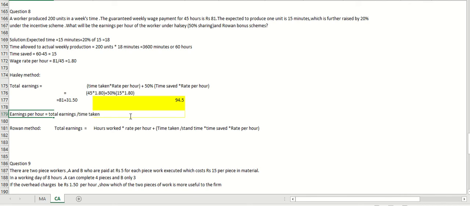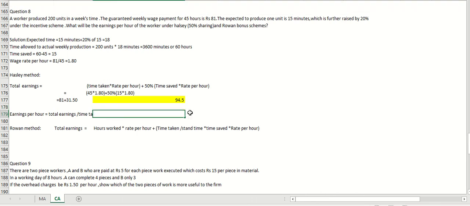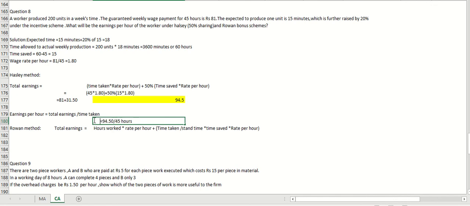So your total earnings, 94.50, divided by 45 hours, which you get to be 2.10.